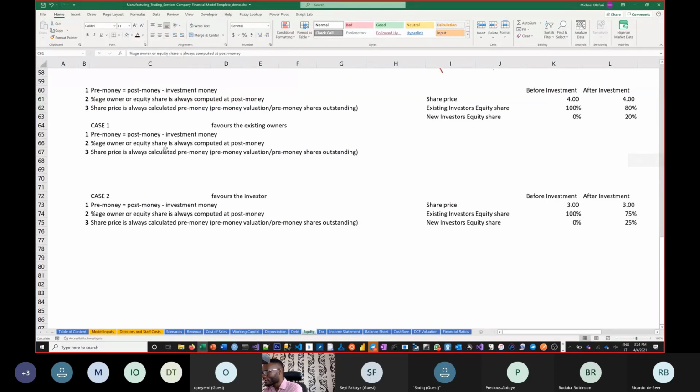If you have an options pool, where you are setting aside some equity for future employees, for stock options.